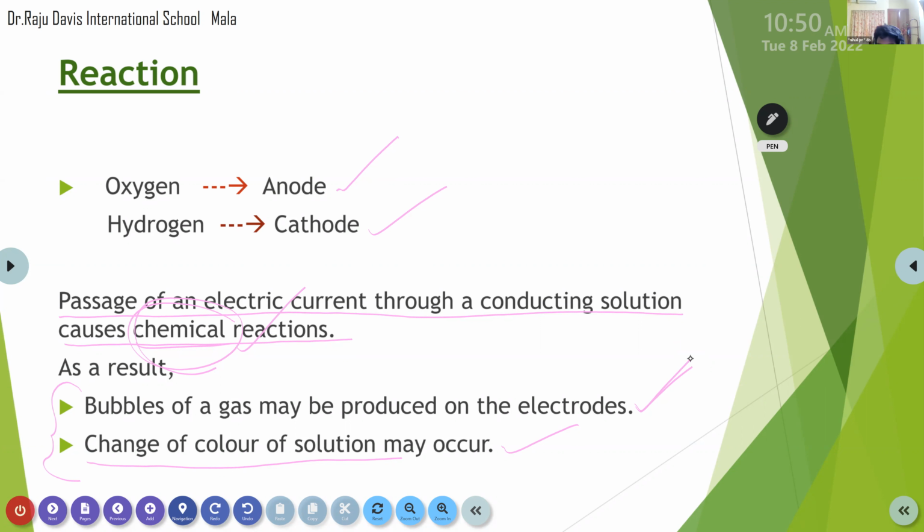Which are the two changes we can observe by the passage of electricity through a conducting solution? Change in color of the solution, and bubbles. Where can we observe these bubbles? On the electrodes. These are the two types of electrodes.